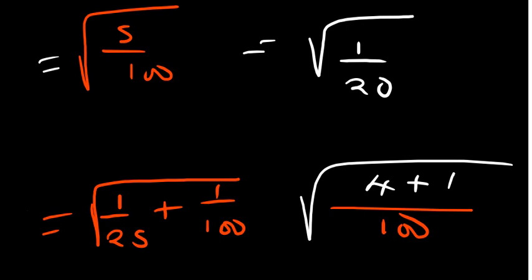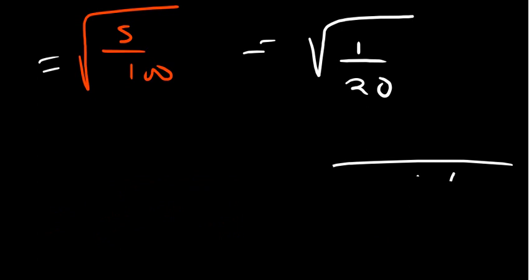And if you know surds, you can still go beyond that and complicate your life a bit. Let me teach you some surds, just one more step. So you have root of 1 over 20. When you have a square root of a fraction, it's just distributing the roots to the numerator as well as the denominator.